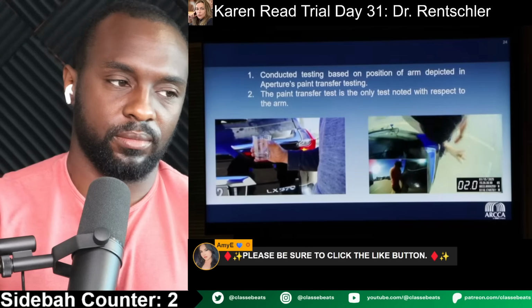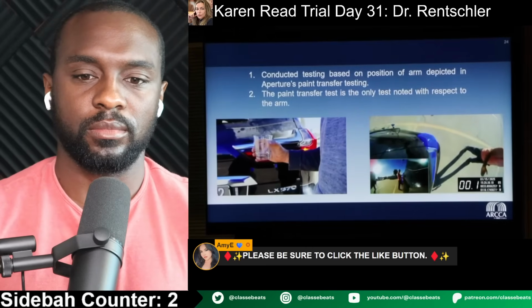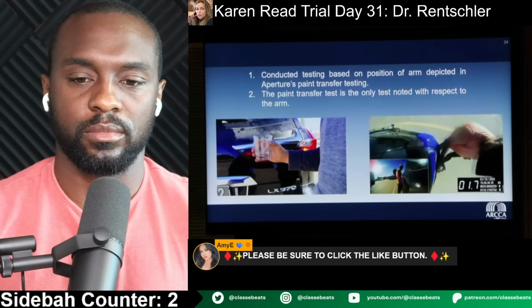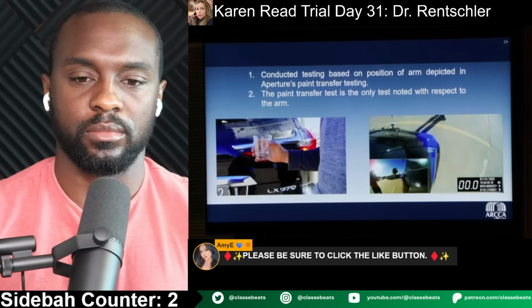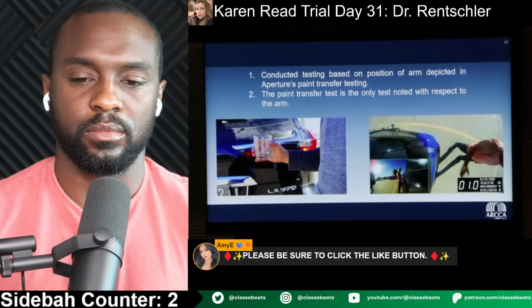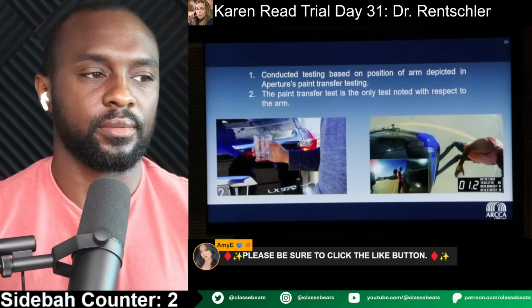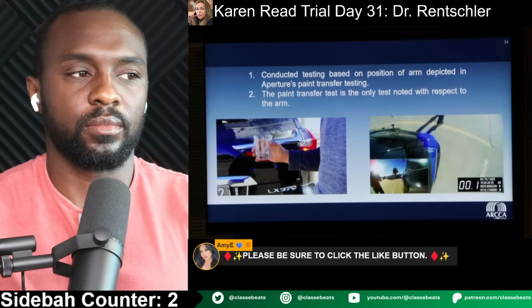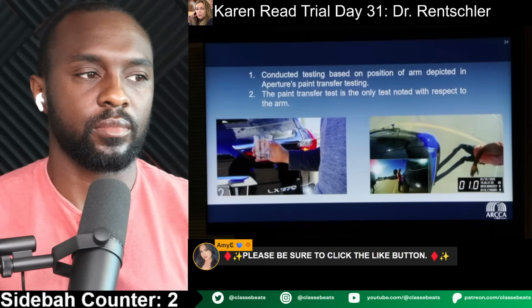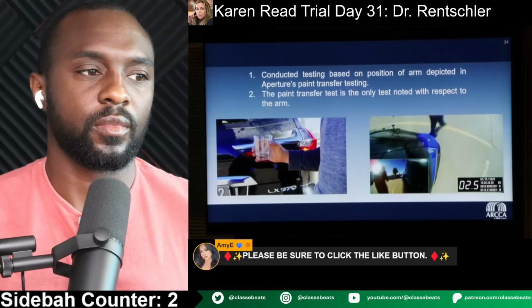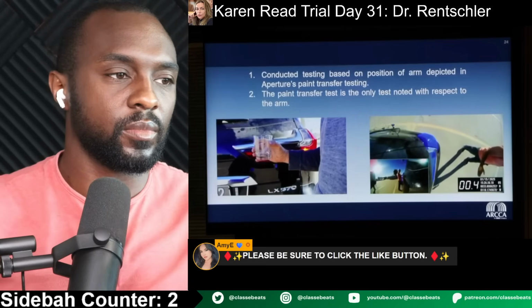There was no indication of where that blue paint extended on the surrogate's arm, say from the wrist up to where the laceration or the abrasions would have occurred. Is that important? Yes. Why? Because you can't say that the area where the blue paint is corresponds to the area of the abrasions if you don't take measurements.